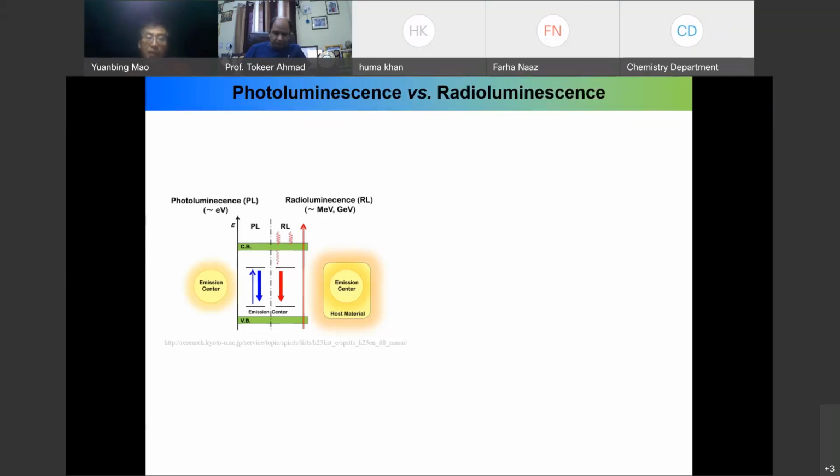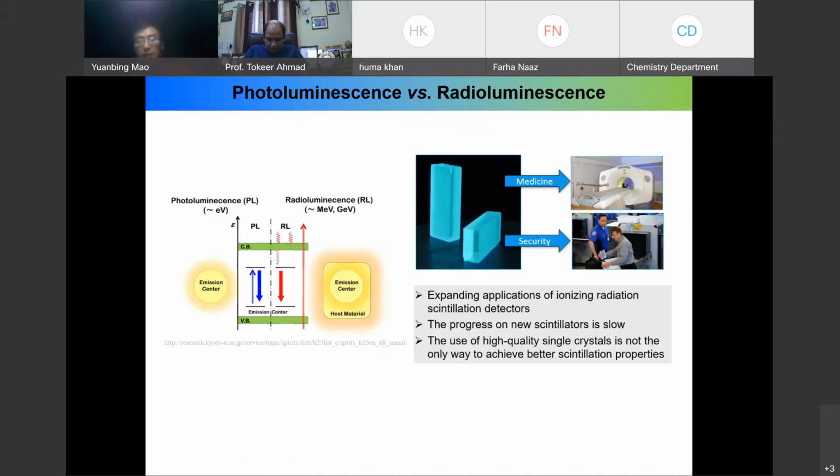Because of the huge amount of energy, the excitation is not exciting the activators, basically the dopants, like in photoluminescence. For radioluminescence, it mostly excites the host materials, and then the energy eventually gets back to the activators, and from the activators it will luminesce. So the mechanism is quite different because of the energy difference.